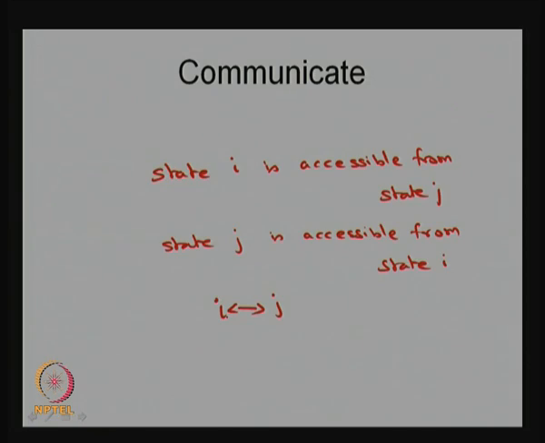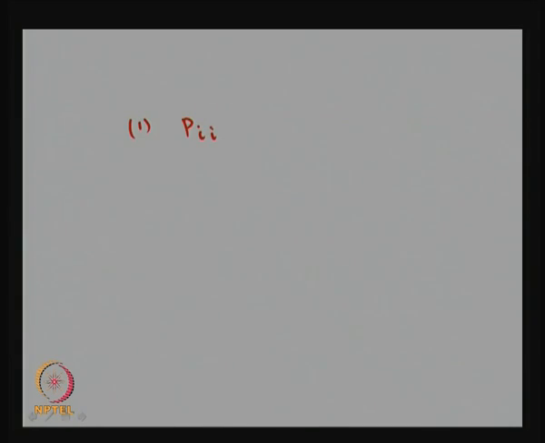Since I use the concept of accessibility to define communicate, it is going to satisfy a few properties. The first property: any state communicates with itself. That means p_i of 0, the probability that X naught is equal to i given that X naught is equal to i, is 1 for all i.